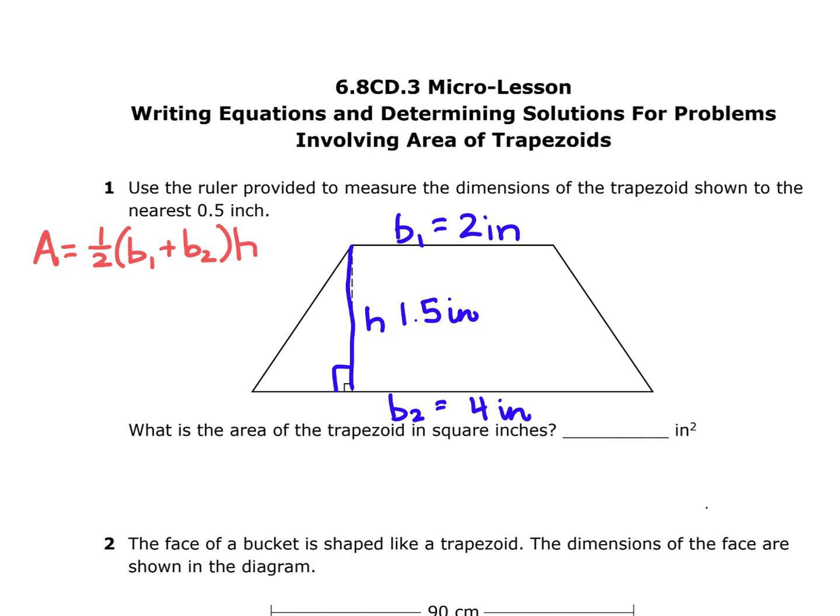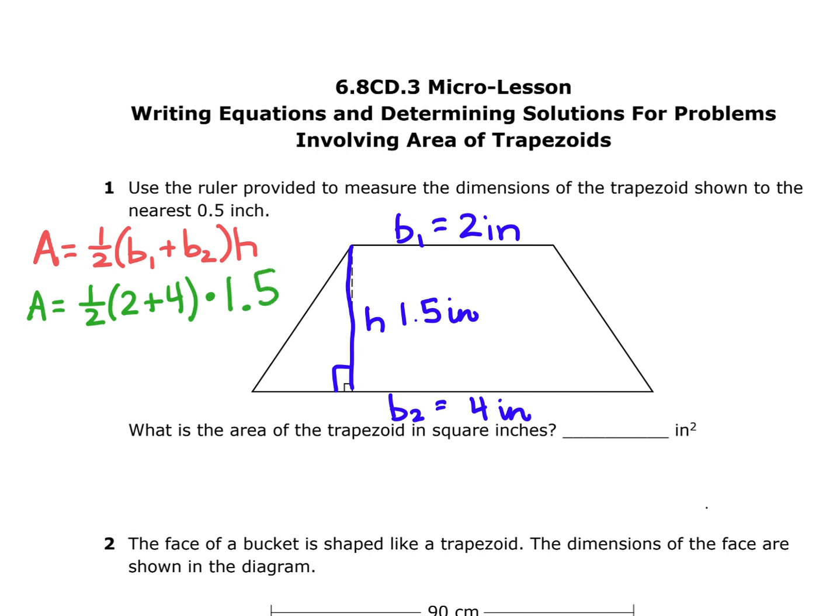All right, so now I'm going to substitute my numbers into my formula. So we're trying to find the area. I have area is equal to 1/2 times your base 1 is 2, plus base 2 is 4, times the value of my height, and I'm just going to put times 1.5.